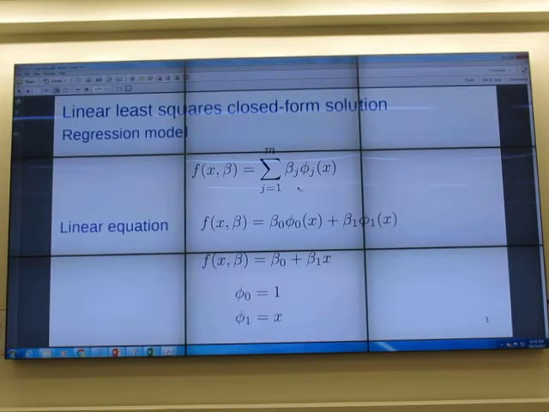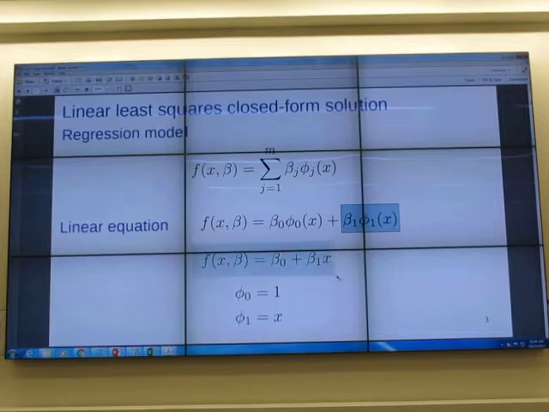If phi_0 is 1 and phi_1 is x, and you have m equal to 2, j from 1 to 2, then your model is a linear combination of beta_0 phi_0 and beta_1 phi_1.